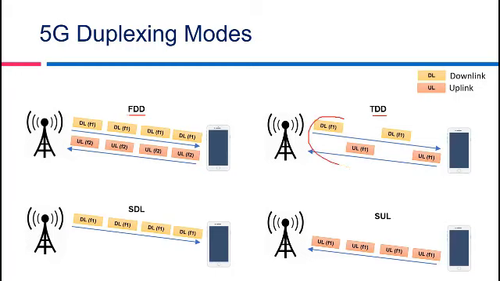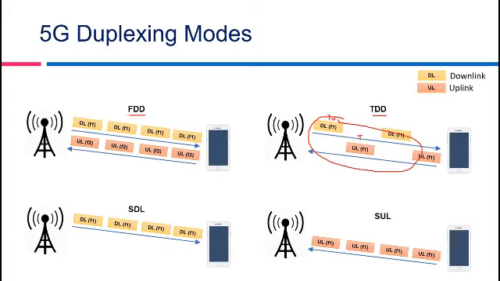Looking at this section of the diagram, at T0 frequency F1 is used for downlink.